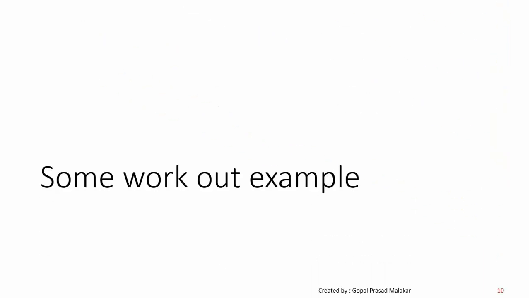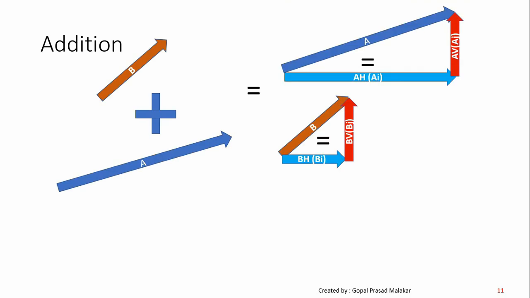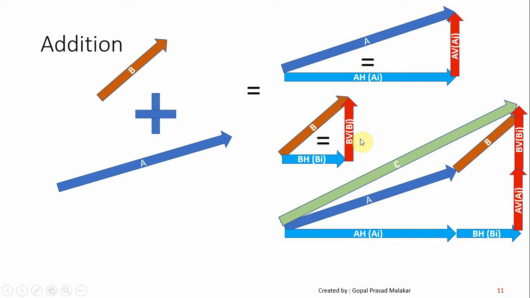Let's see some workout example. So addition, A and B, I showed you, you break A into two parts, AI, AJ. Similarly, break B into two parts, BI and BJ. After that, addition will be very simple, AI plus BI, which will give you the horizontal component, and AJ plus BJ will give you the vertical component.